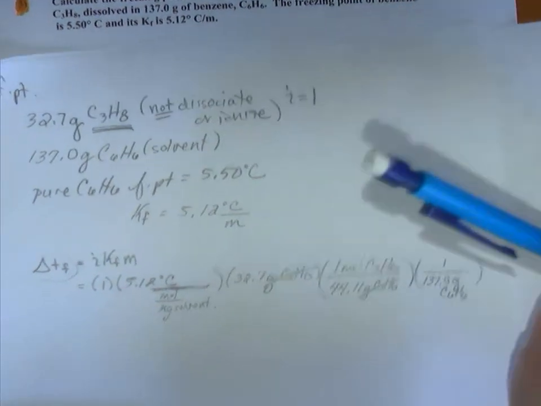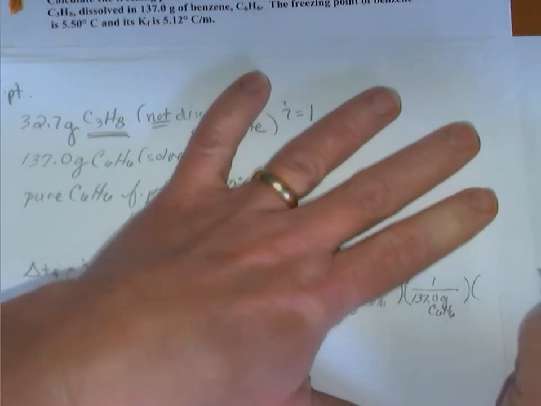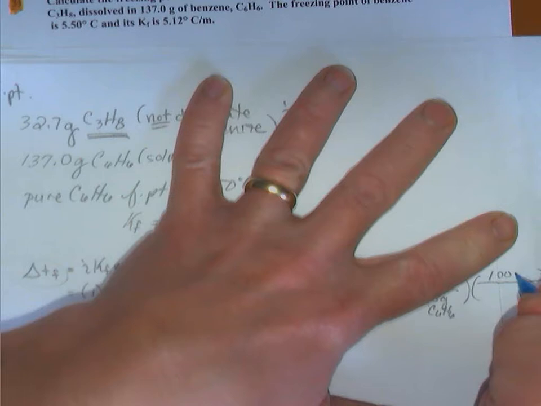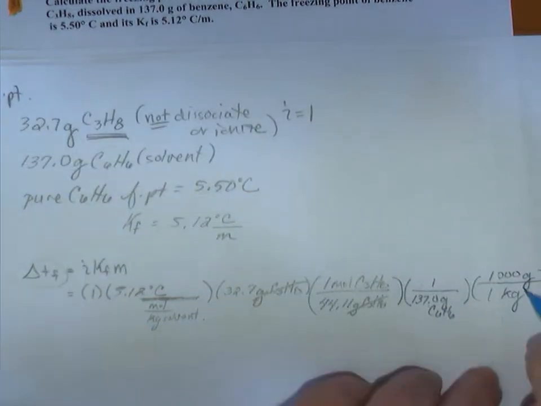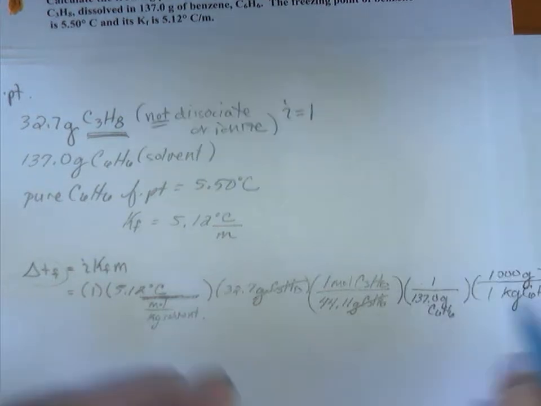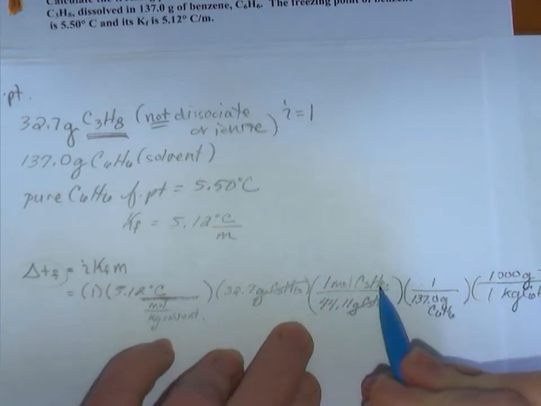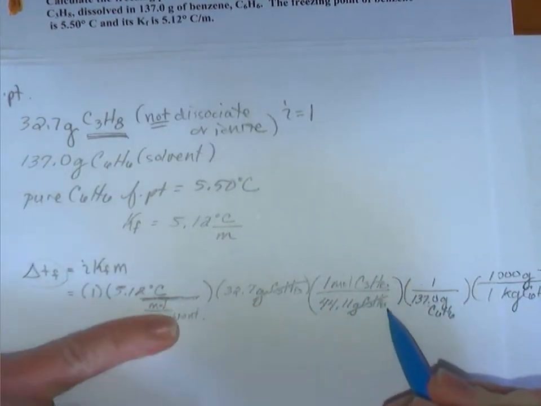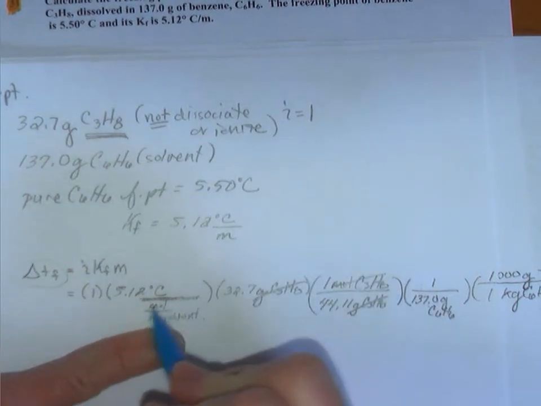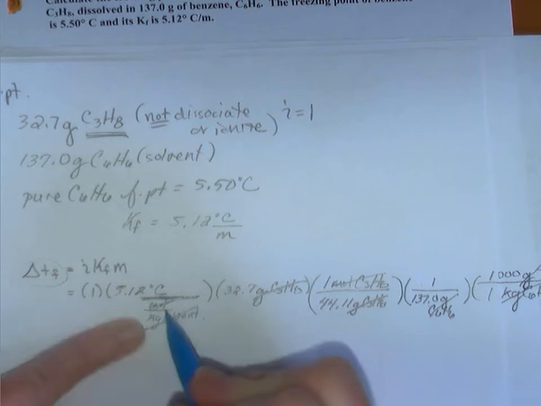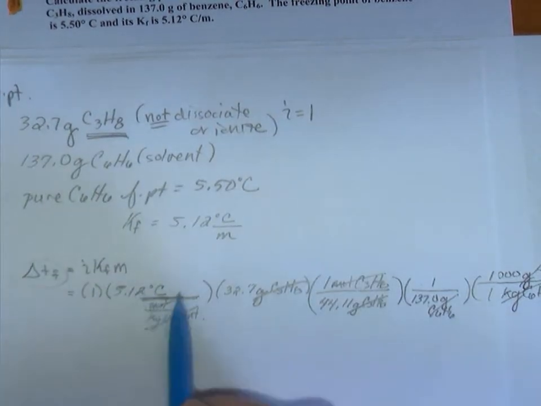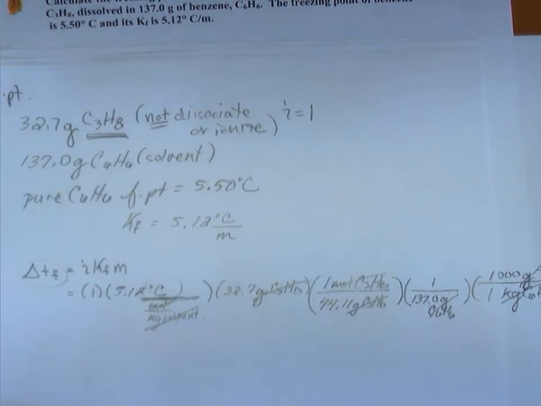So I am going to just do one more step of 1,000 grams in 1 kilogram and then chuck it out. So we will now have mole of C3H8 that will cancel this, and my grams cancel, and then my kilograms of solvent will cancel, and I will just get my degrees Celsius as my answer.